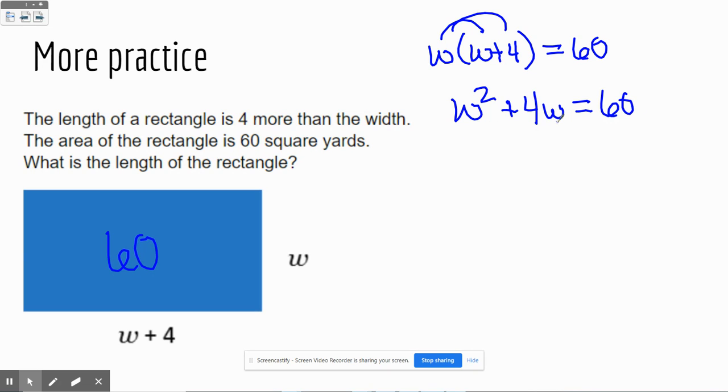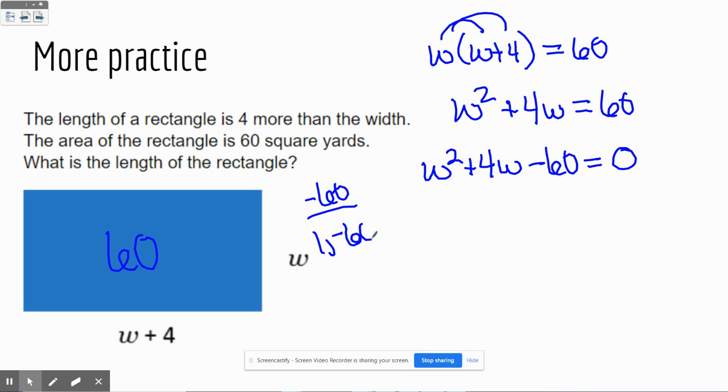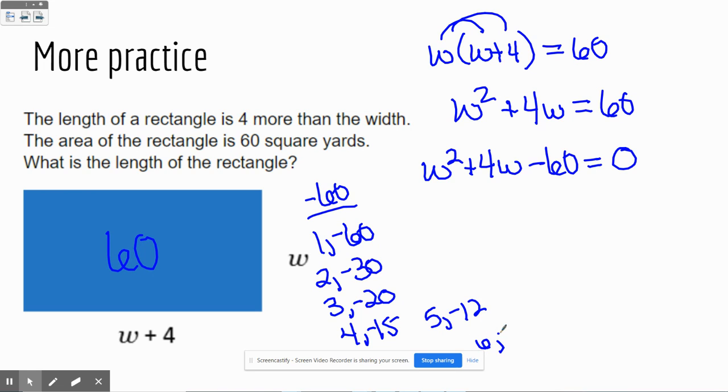There's a W squared and a W, which means I need to get 0 on one side by subtracting 60 and factor. So I take my -60 and I start breaking it down. 1 and -60, 2 and -30, 3 and -20, 4 and -15, 5 and -12, 6 and -10.